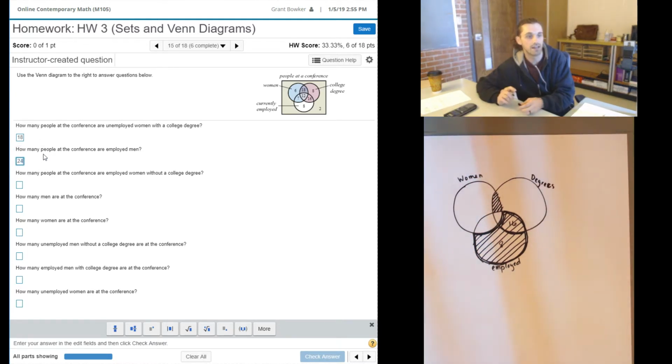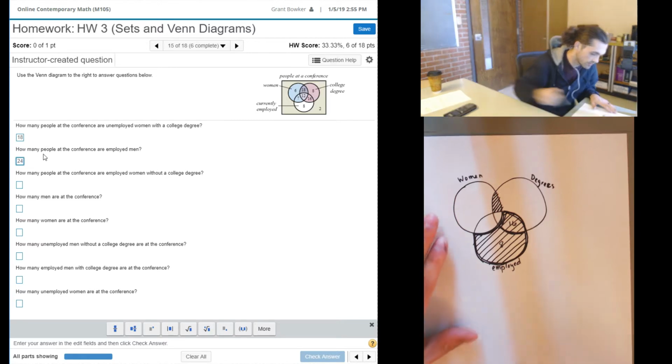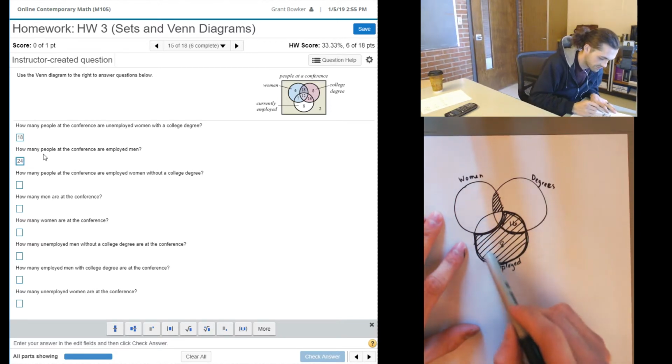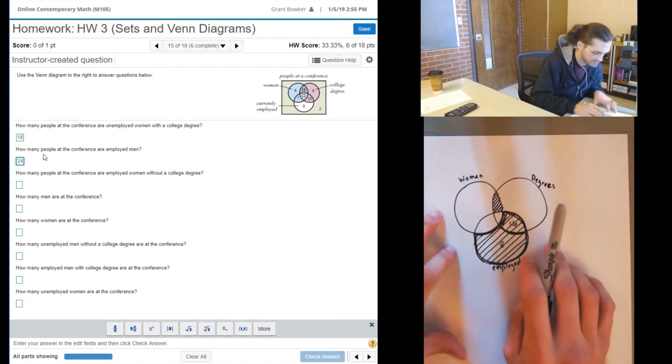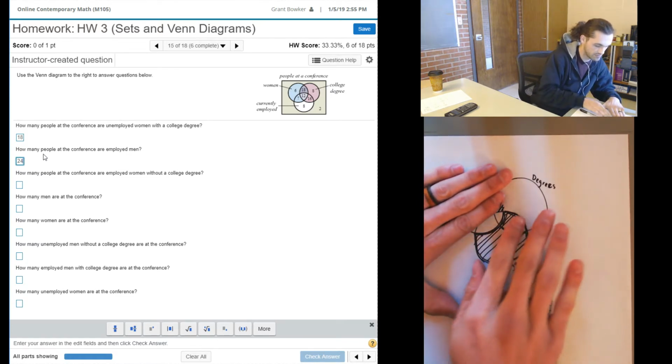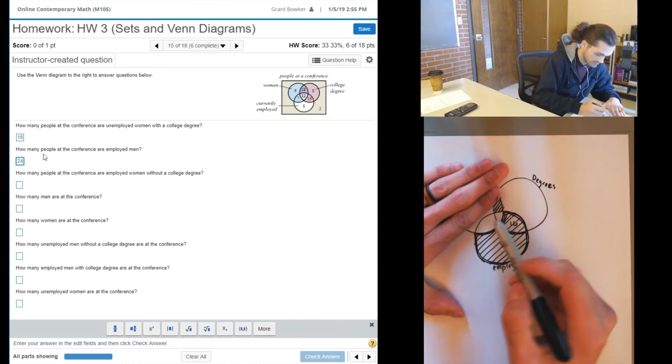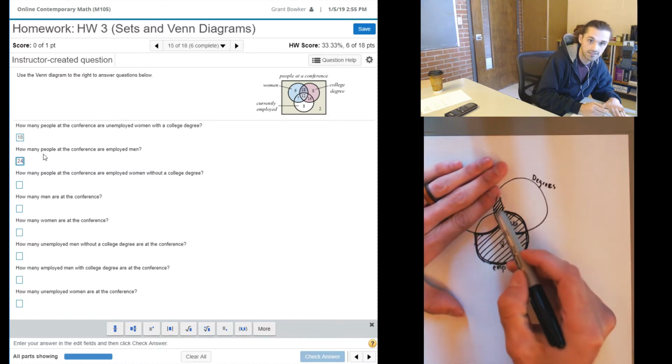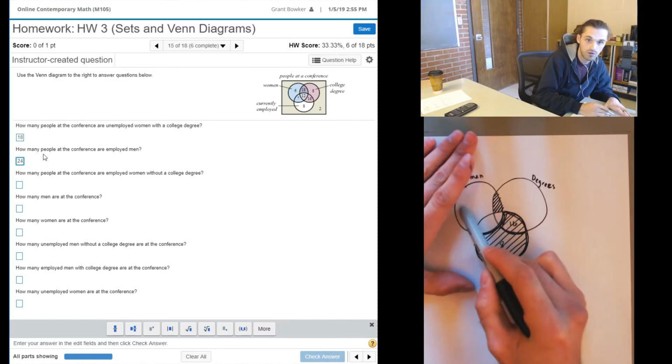How many people at the conference are employed women without a college degree? Well, to be employed means you live somewhere inside of this set. To be a woman means you live somewhere inside of this set. So you've restricted your focus down to this football-shaped piece. That football-shaped piece is employed and a woman.